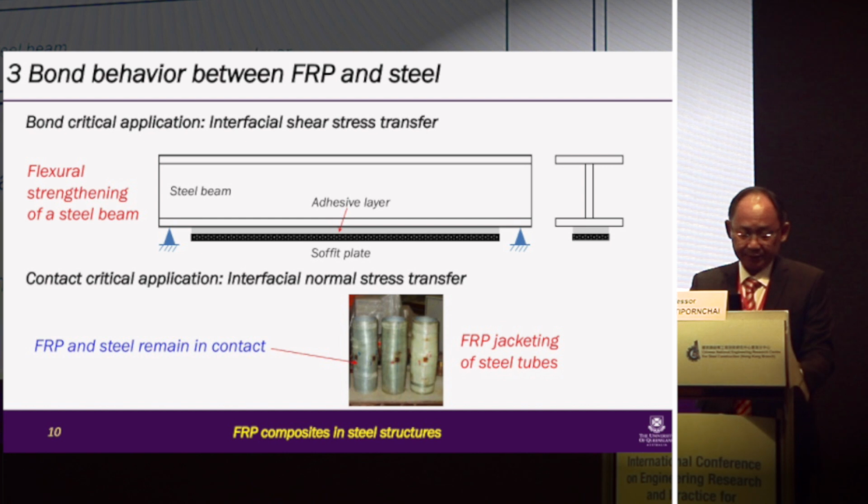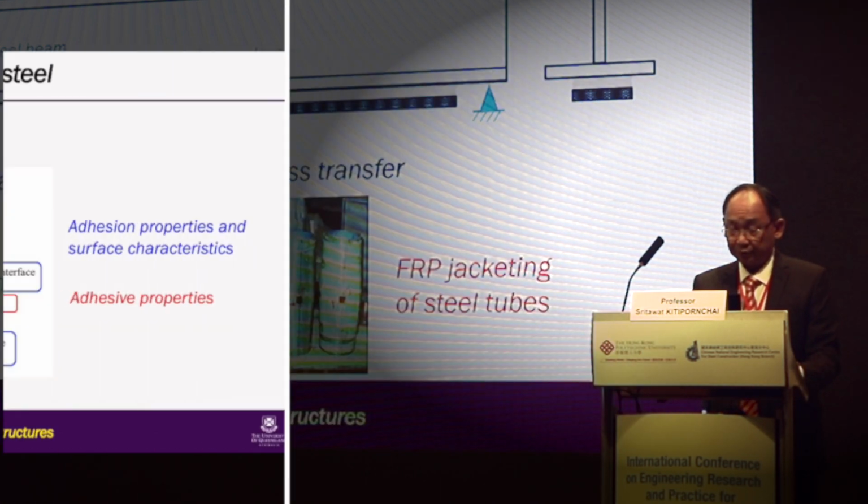The second category is the contact critical application, as in the confinement application. In this case, the performance of the bond depends on the interfacial normal stress transfer, and the adhesive has a much less critical role. So our discussion will be restricted to the bond critical application.